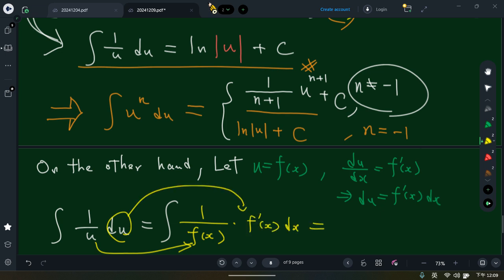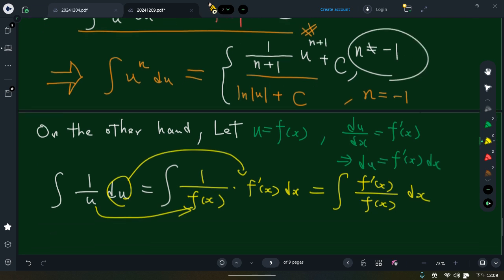So finally you can see the integral of f prime x over f of x dx, then the result will be ln taking the absolute value of f of x, plus c.